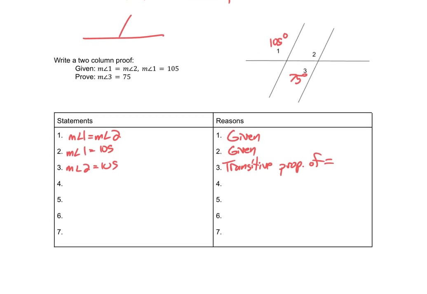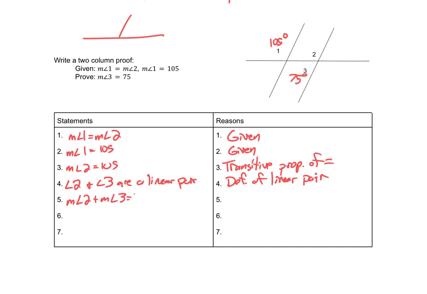All right, line 4, angle 2 and angle 3 are a linear pair. Definition of linear pair. Now we need to state that because we're going to use that now and say the measure of angle 2 plus the measure of angle 3 equals 180.